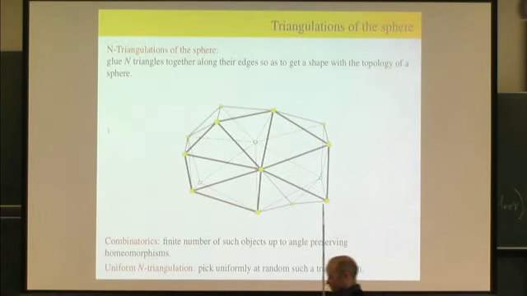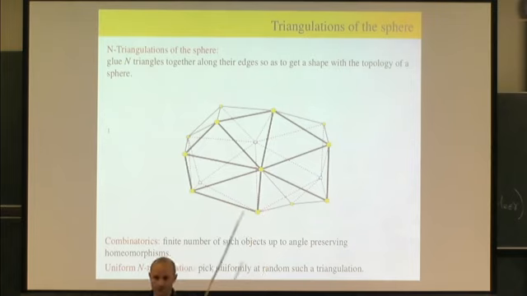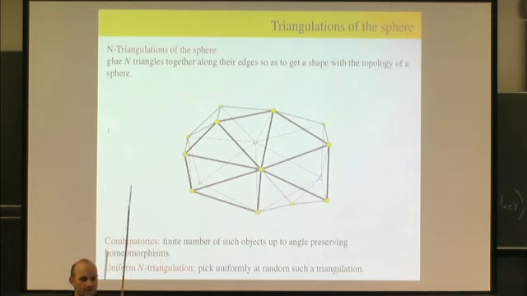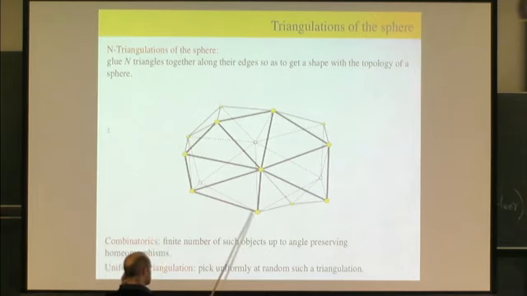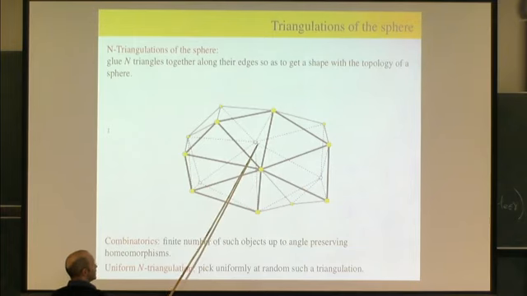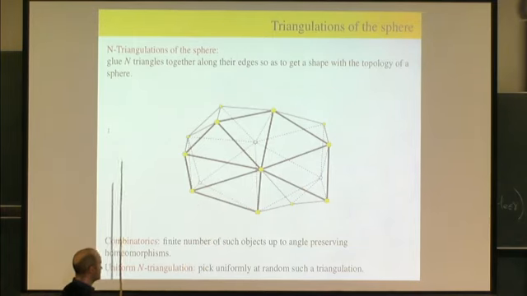First, I want to recall a few results about random triangulations. What is roughly a random triangulation? First, what is a triangulation? This is just a gluing of triangles, in order that in the end you get something with the topology of a sphere. Actually, you don't care about the shape of the edges.